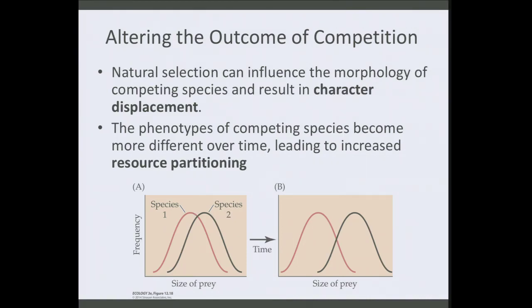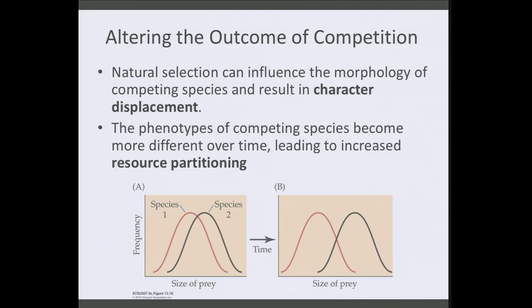Species 1 is able to feed on prey that are a little bit smaller than species 2, and species 2 is able to feed on prey that are a little bit larger than species 1. Because of this, although they could both eat medium-sized prey, species 2 is likely a better competitor for larger prey, and species 1 is likely a better competitor for smaller prey.